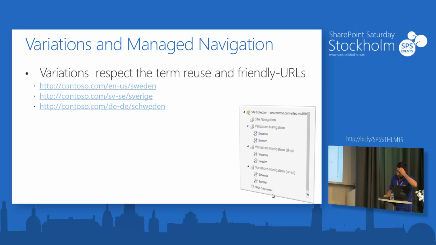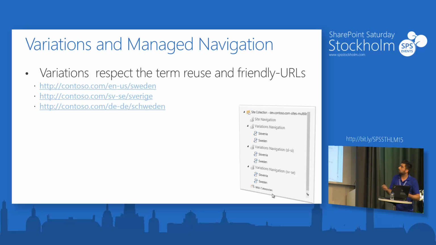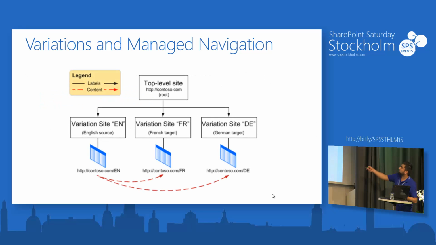So all you have to do is, when you build your sites, define all the labels, and associate your terms with the pages to make this copying of variations possible. What happens in the background is that a variation timer job copies the pages from the top level site to the child level sites.